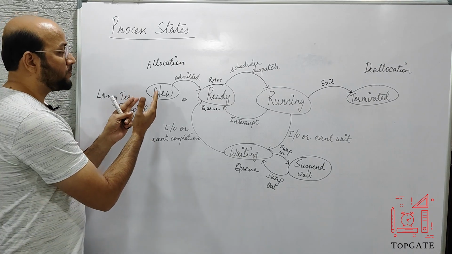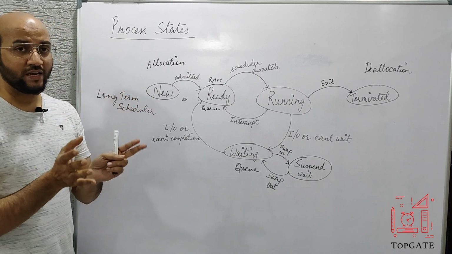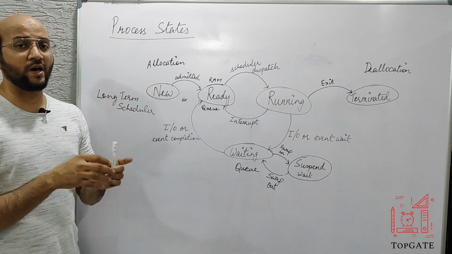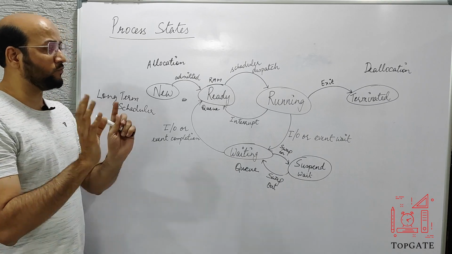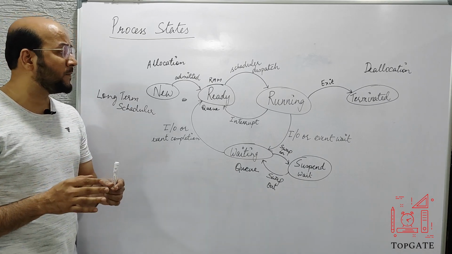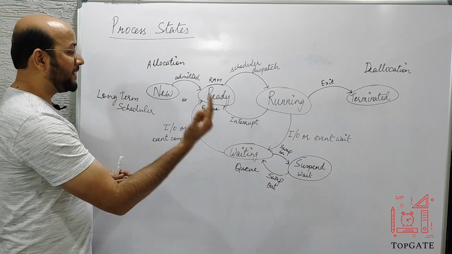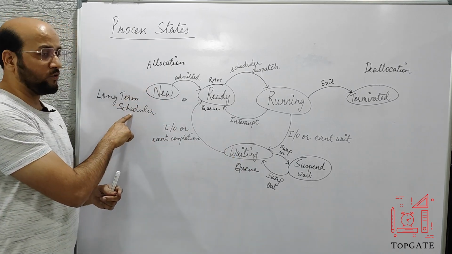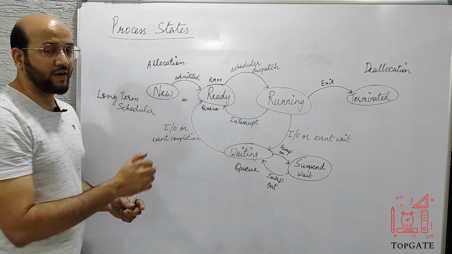So here the program was there on the secondary memory. It was not doing anything. It was only trying to acquire its resources. As soon as it completes its requirements, it informs the operating system that now I have completed all my resources, and the operating system in turn instructs the long-term scheduler to pick that process from the new state and send it to the ready state.